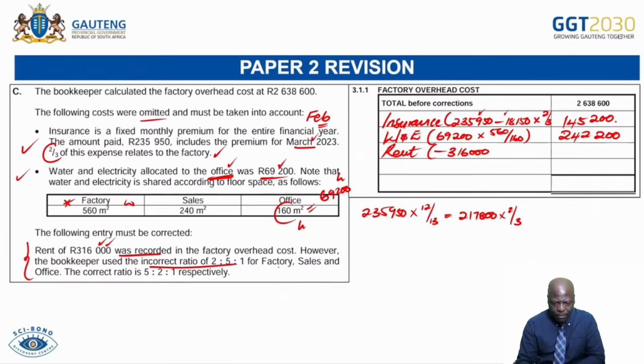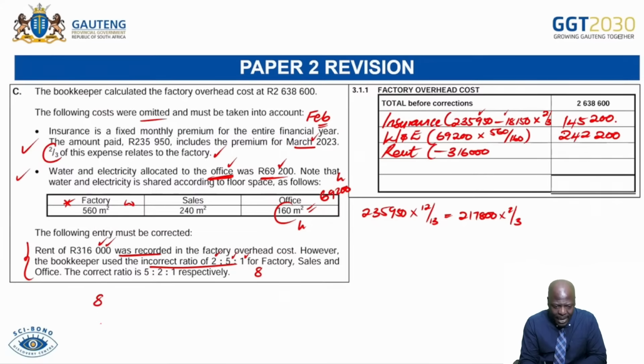316,000, like that. And then it was calculated on the incorrect ratio of 2:5:1 for the factory. So there are different other ways in which one could have done this. But here is one of the simplest ways. You have to understand that when we split it initially, it was 2, it was 5, and it was 1. So it's 7, so the total was 8. All right? That is the total. So we would want to get the total before it was allocated.